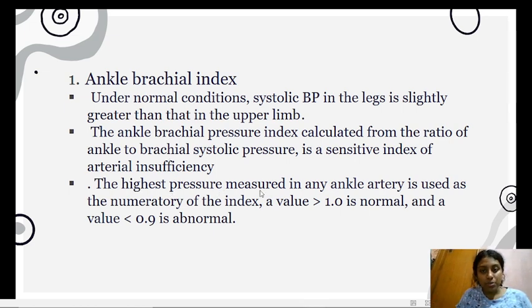The highest pressure measured in any ankle artery is used as the numerator of the index. A value more than 1 is normal and a value less than 0.9 is abnormal. Okay, that is what the ankle brachial index is. The index is calculated, and if it is more than 1 then it is normal. If it is less than 0.9 then it is abnormal.